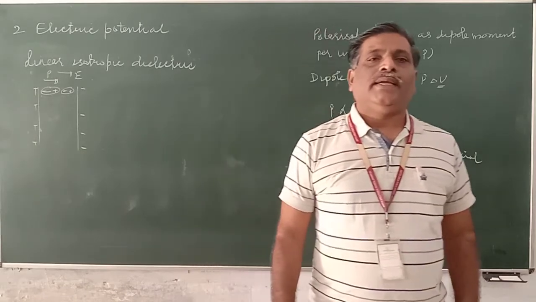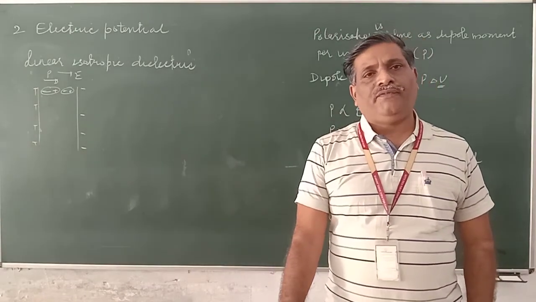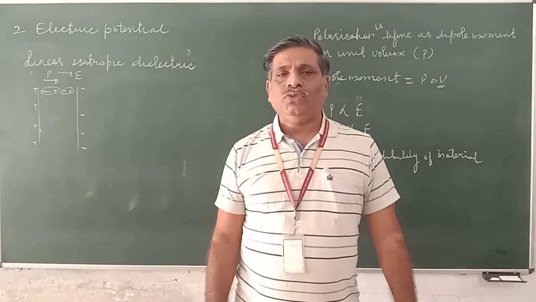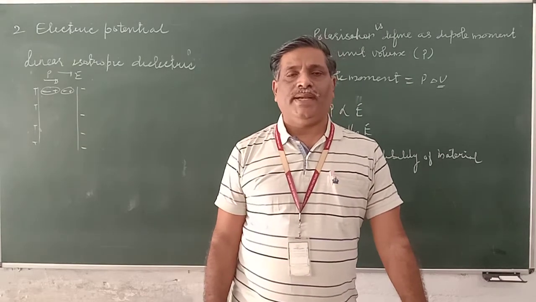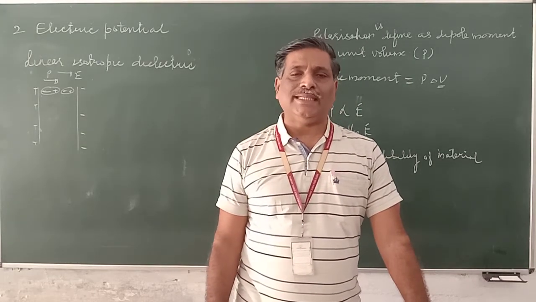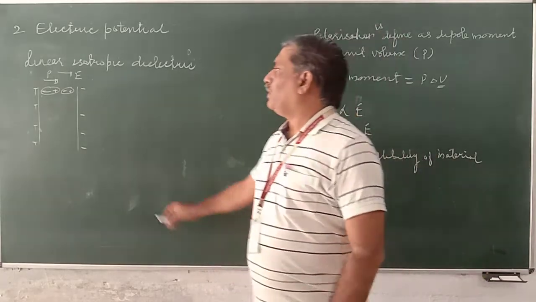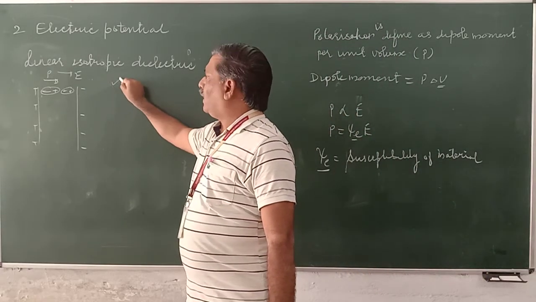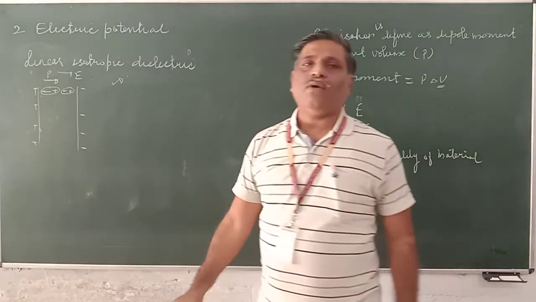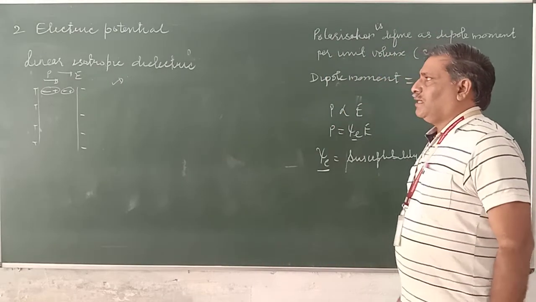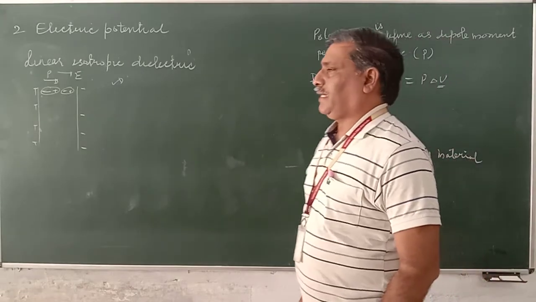The dipole moment is along the field direction, and the amount of dipole moment, or the amount of polarization, is directly proportional to the electric field. Such substances we call linear isotropic dielectrics.